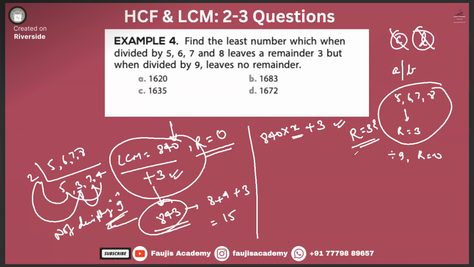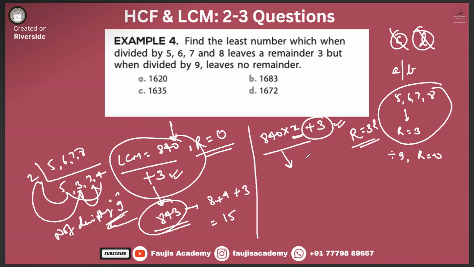Yes or no, guys? All the multiples of 840 will be completely divisible by 5, 6, 7, and 8, but when we add 3 to it, there is a remainder of 3.